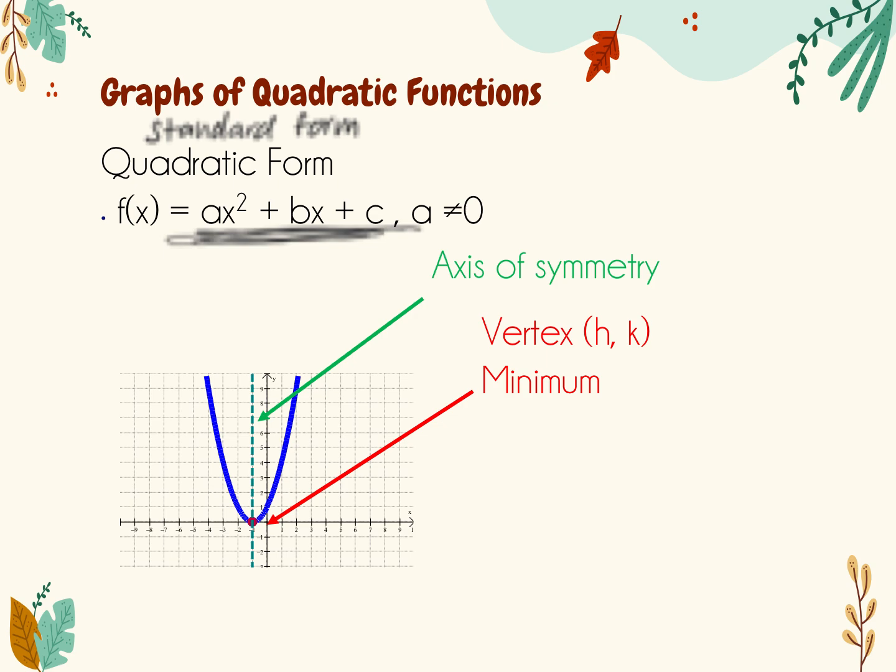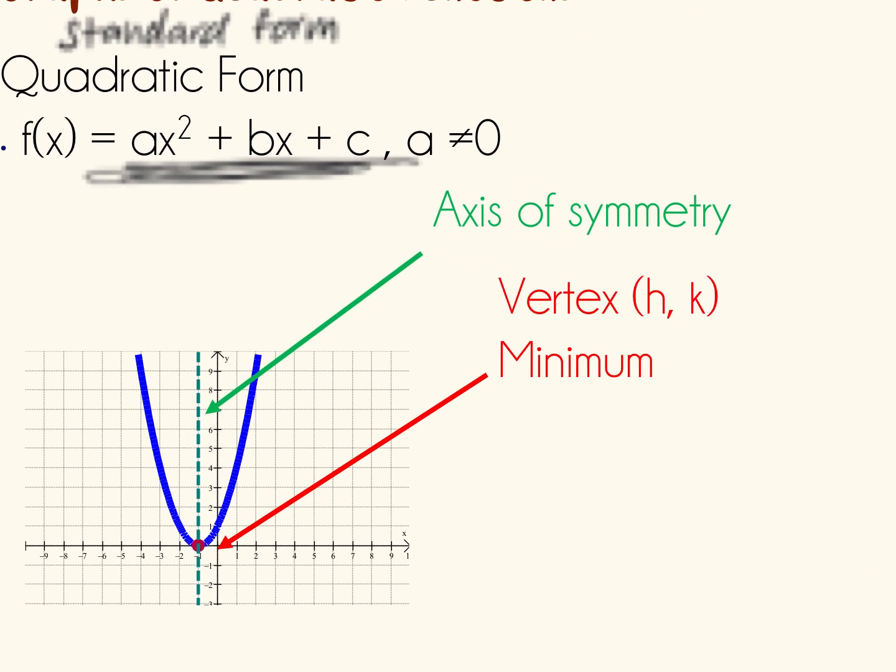So let's look at what consists of this parabola. We have a vertex right here, and it's always going to have the coordinates h comma k, right? So we can see that it's right here somewhere, and we denote that as (h, k). We also have this imaginary green dashed line, and this takes the equation x equals h, right?